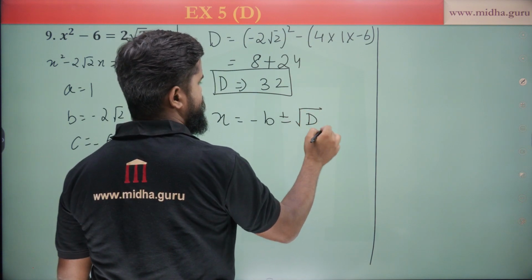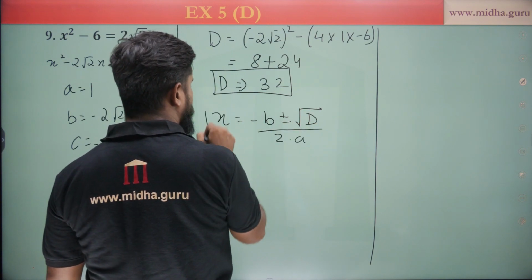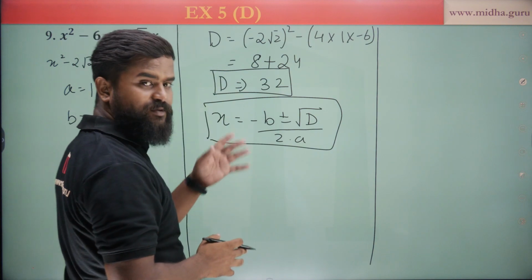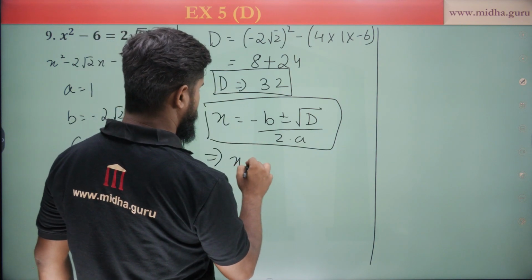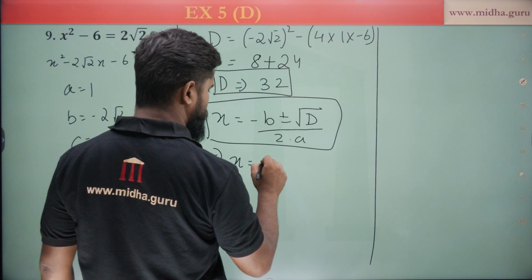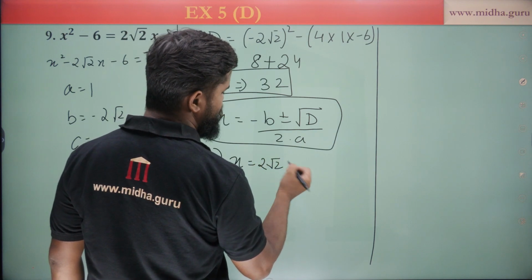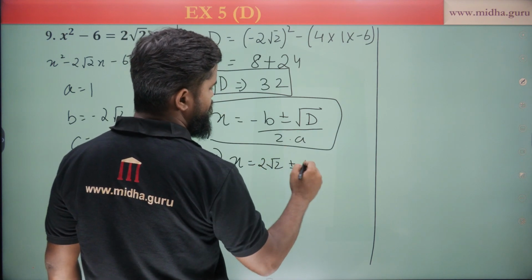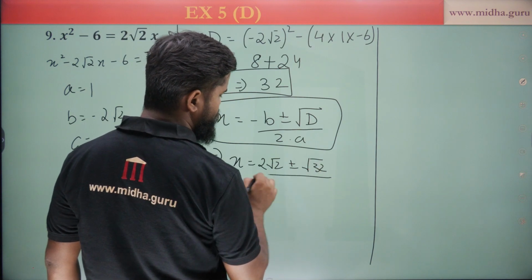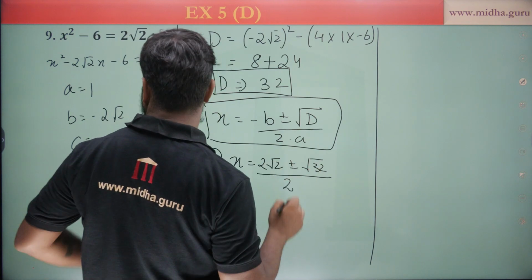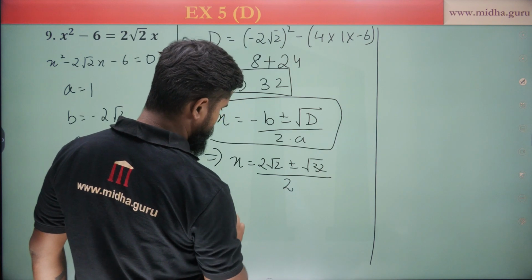Now we'll put it in the quadratic formula. So x is equal to minus b plus or minus root D divided by 2a. Now since b is minus 2 root 2, minus of minus 2 root 2 will become 2 root 2 plus or minus the root of 32, divided by 2a, a being 1, divided by 2.